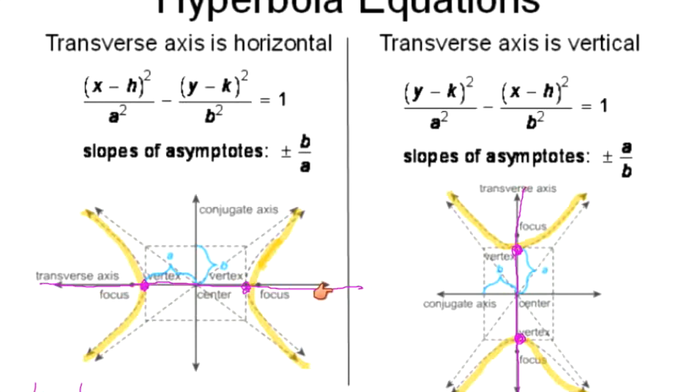So sometimes that's going to make a horizontal line, sometimes that's going to make a vertical line, and that will tell you which equation to use, if it's horizontal or vertical. Can you guys give me a green check when you have that phrase copied down on your paper and you're ready to go? I'm not trying to trick you to get the 5 points, just making sure you're paying attention.